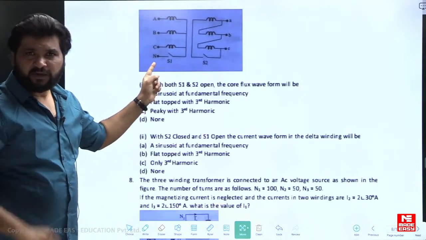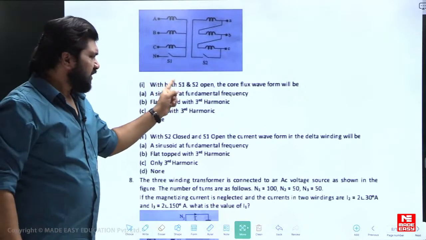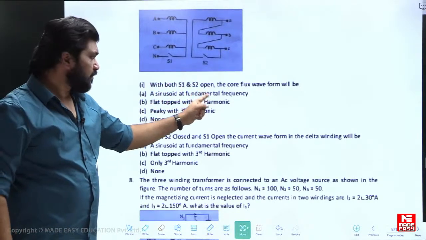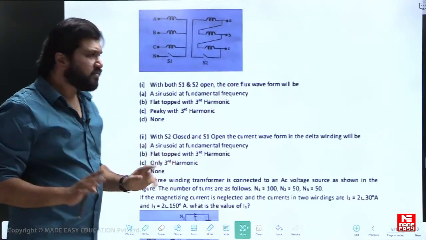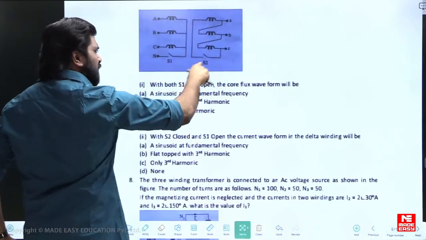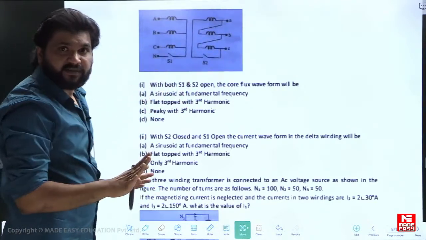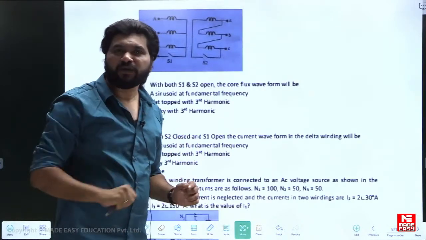That's the logic actually. So, with both S1, S2 open, the core flux waveform will be, because the switches are open, because the third harmonic currents can't circulate first, because first the voltages won't be sinusoidal.